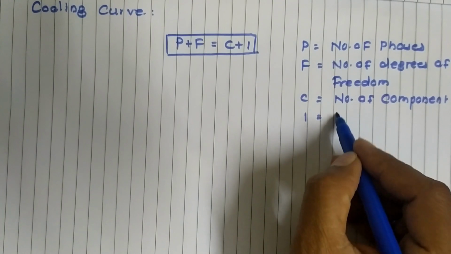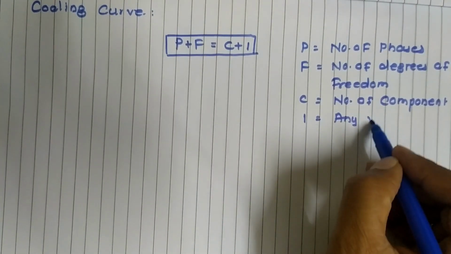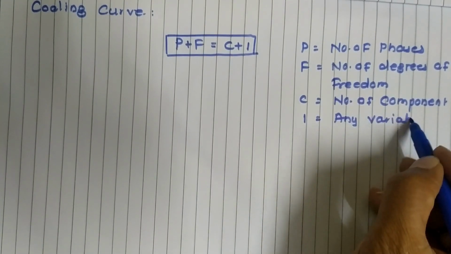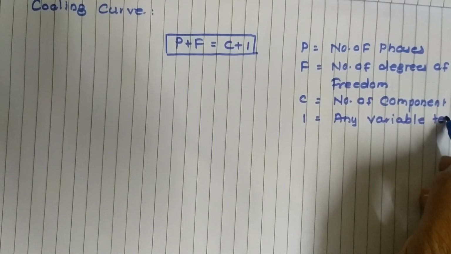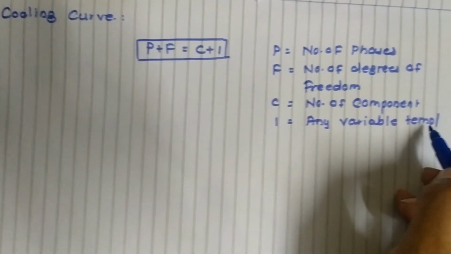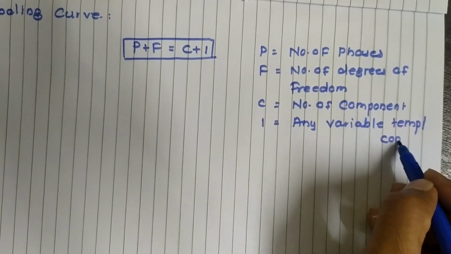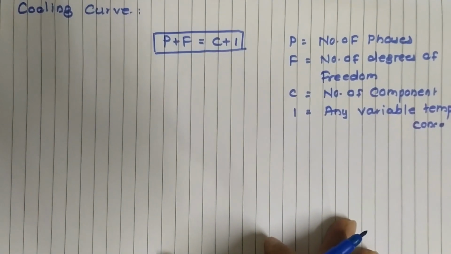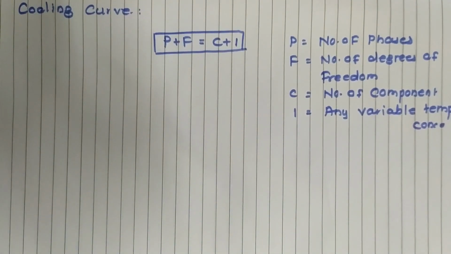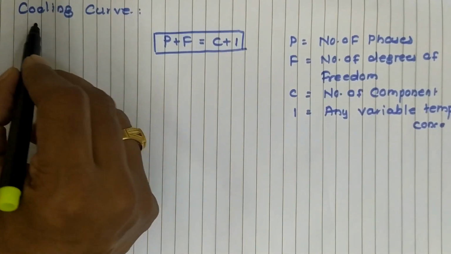One is equal to any variable out of temperature or concentration. So this Gibbs phase rule we have studied in the last lecture, and today we are going to study the cooling curve.